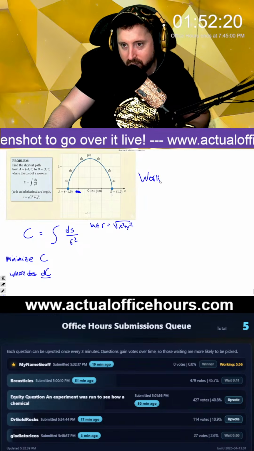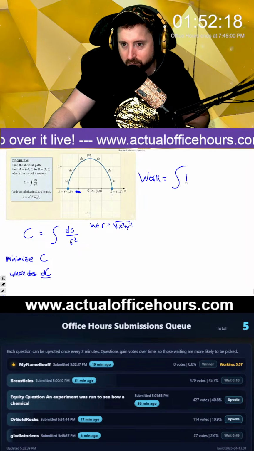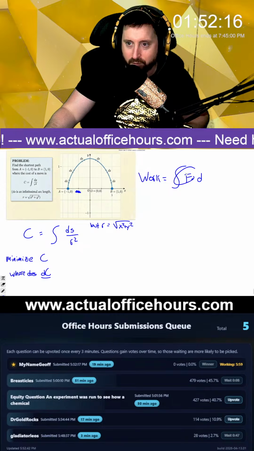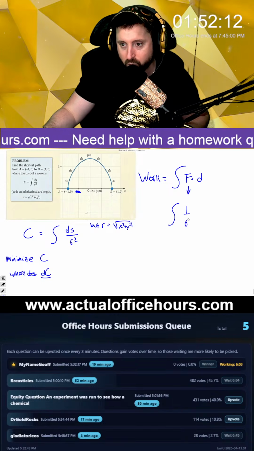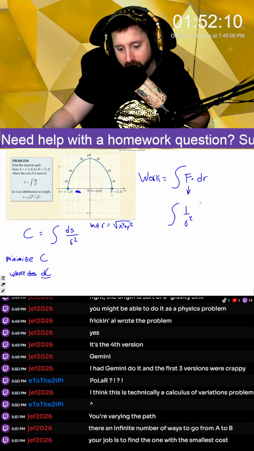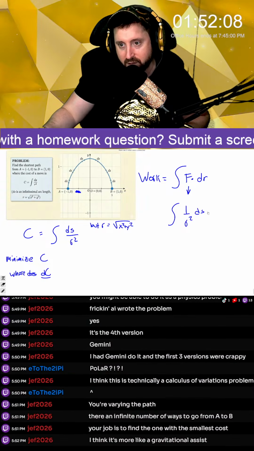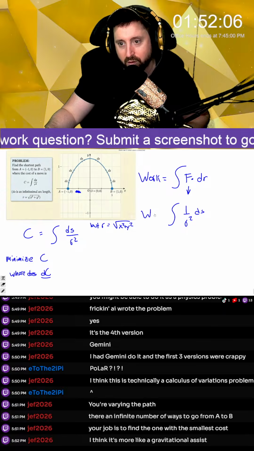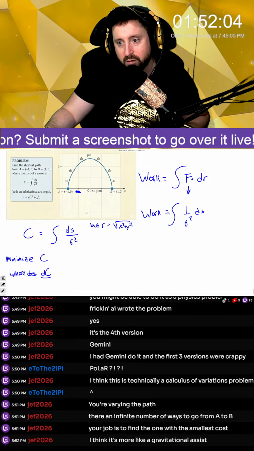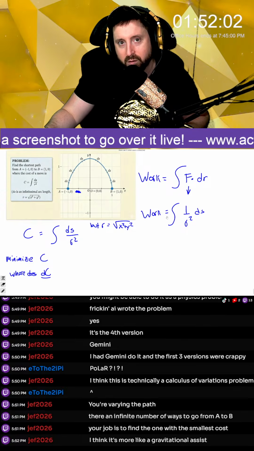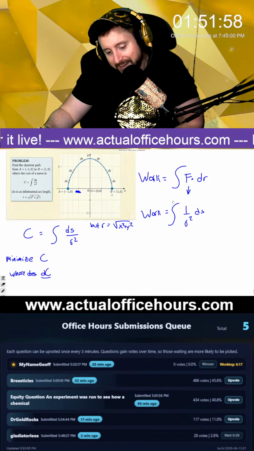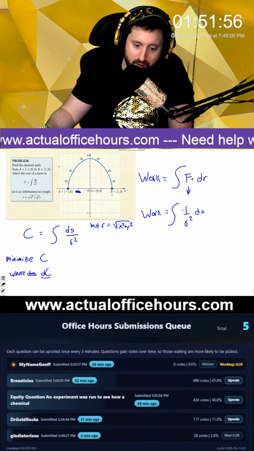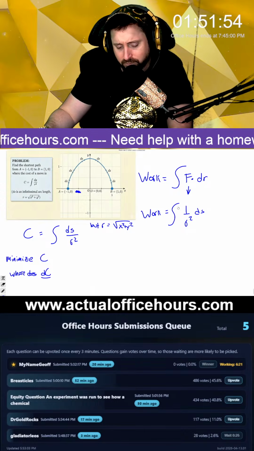Well, in general, work is equal to the integral of force times distance, and you're right, the force is an inverse square law, that's 1 over r squared. And this would be ds, right? More like a gravitational assist. Yeah, but you can think of it this way.